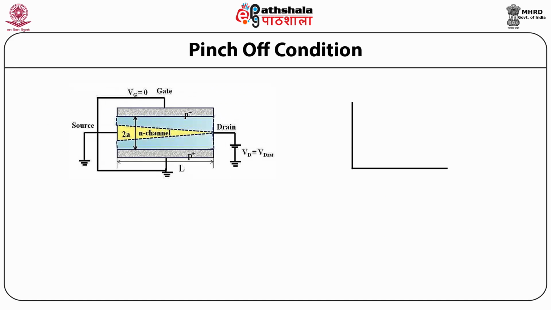So let us now discuss another case, that is the pinch-off condition. When only a negative gate source voltage, that is VGS, is applied, leaving an open circuit at drain or connected to the source, it reverse biases the gate PN junction and so causes the transition region to widen, thus reducing the width of the channel.